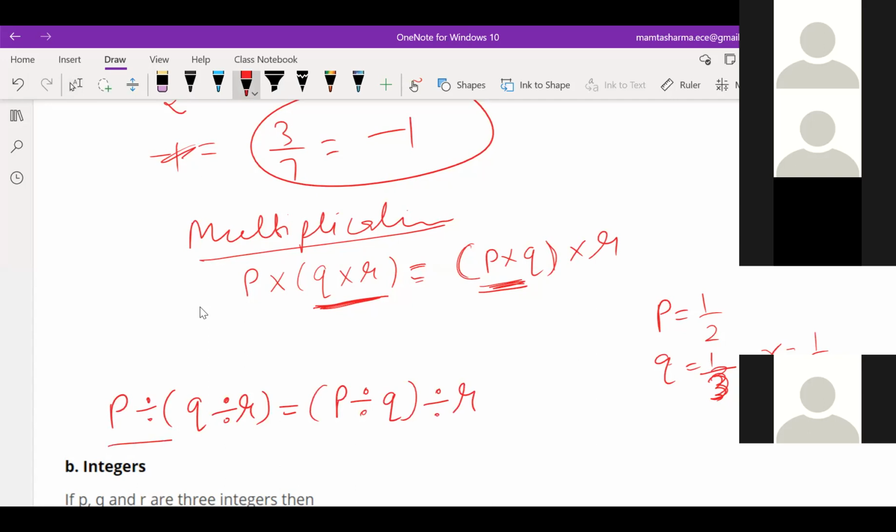Did you follow this equation? Are you getting both results the same or not? No, ma'am, not the same. It means the associative property of rational numbers is not satisfied for division. Correct. Very good.